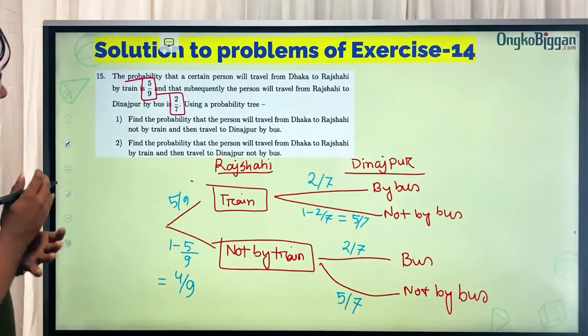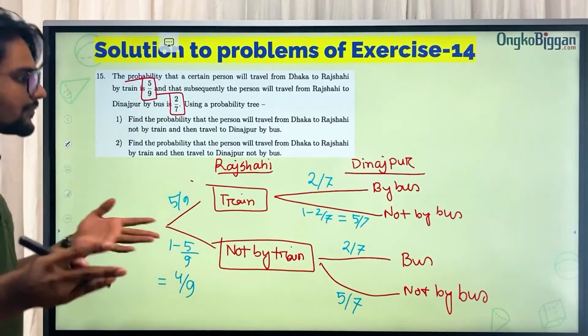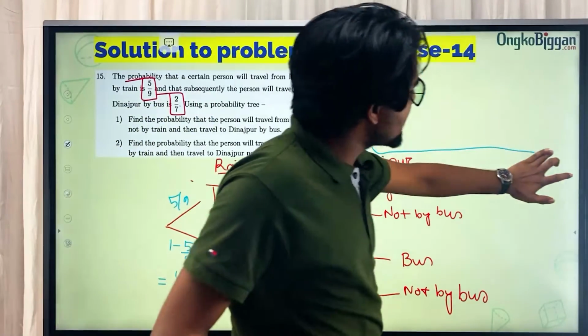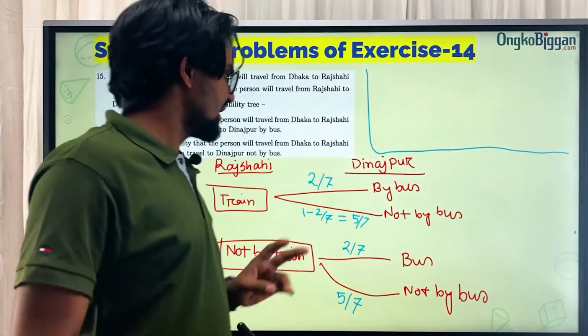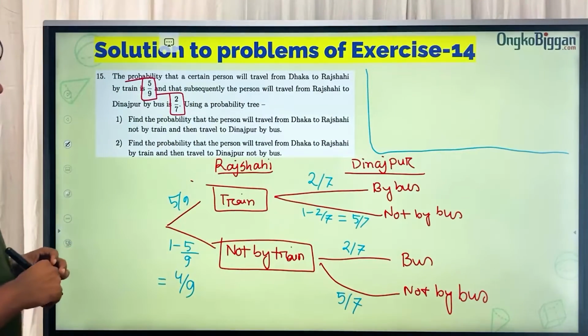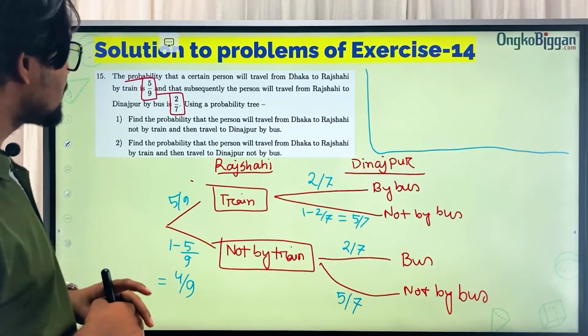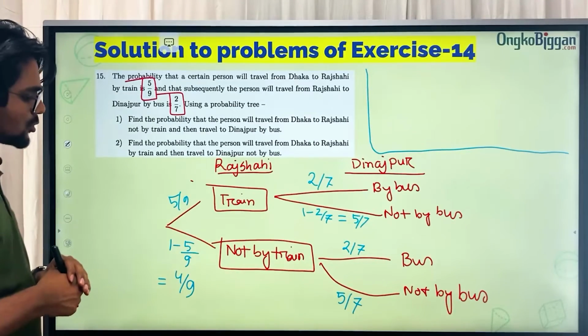Now that we have drawn the probability tree, we are gonna do the maths in this part in a very little space, because it's not gonna take that much space, I guess. So find the probability that the person will travel from Dhaka to Rajshahi not by train, and then travel to Dinajpur by bus.